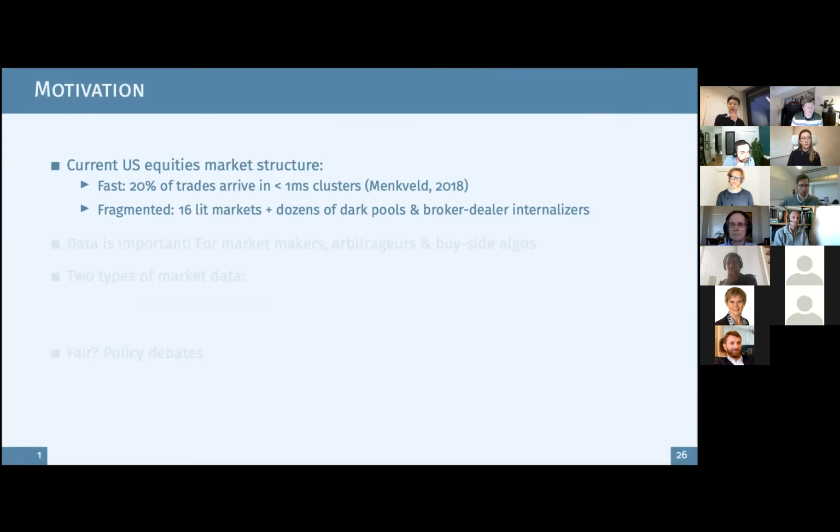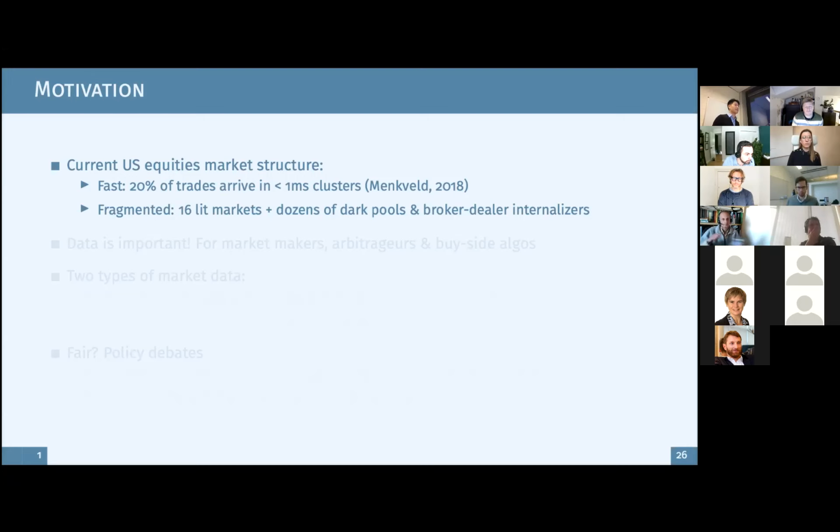So just a bit of motivation. The current US equity market structure has two main features. First, the market is very fast. Albert, in his 2018 paper using trades from NASDAQ, showed that 20% of them arrive in less than 1 millisecond clusters. The second biggest feature is that the market is super fragmented.